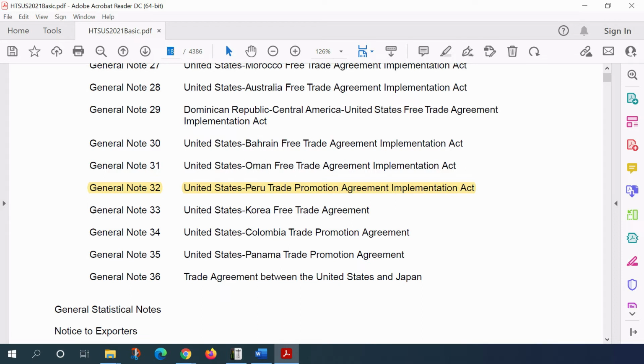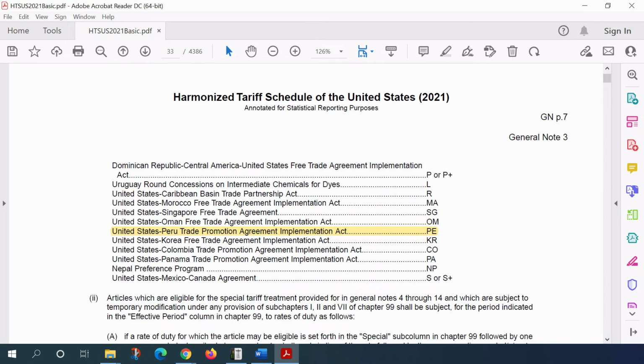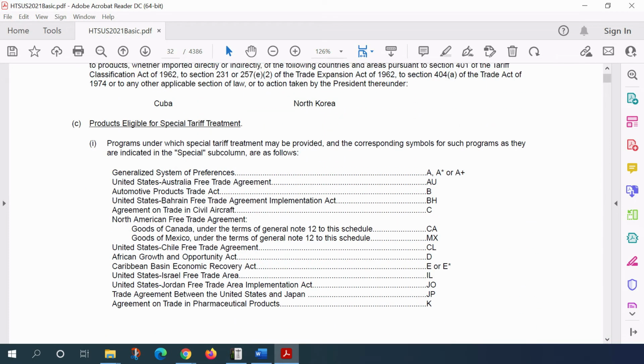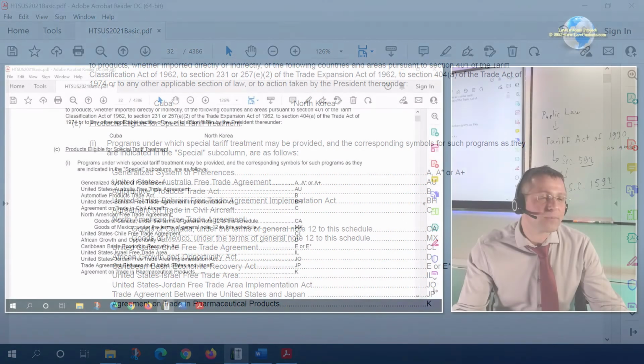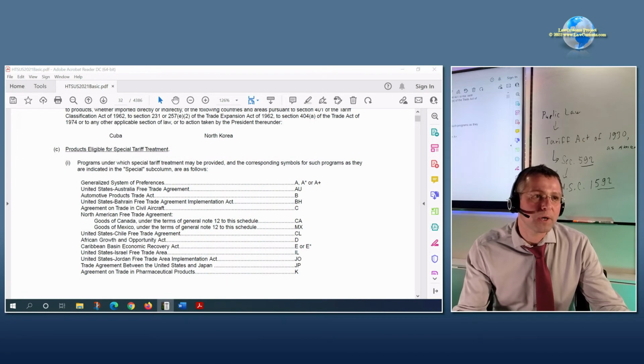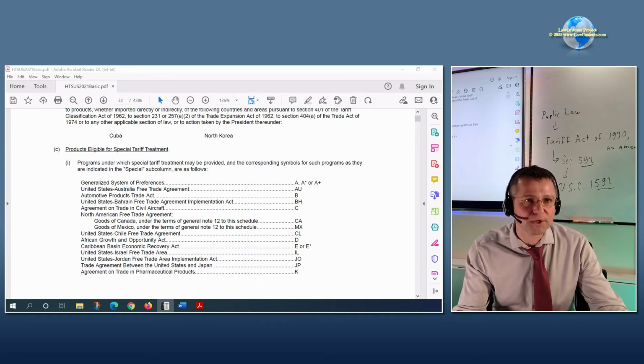The next important free trade agreement provision frequently addressed on the customs broker license exam starts on page 32 and deals with the so-called SPIs, or special product indicators. Those are used for declaration purposes to indicate whether the item is eligible for a particular free trade agreement program.